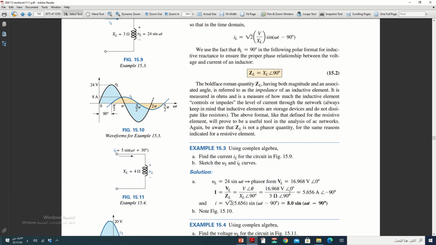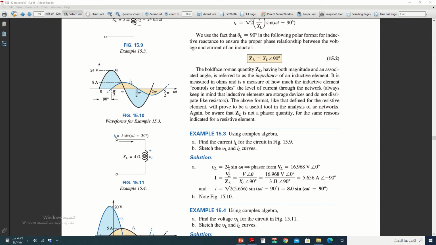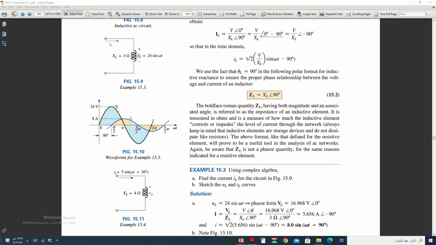Here, an example is given. Find IL. We will find IL here, and then sketch VL and IL for this circuit.